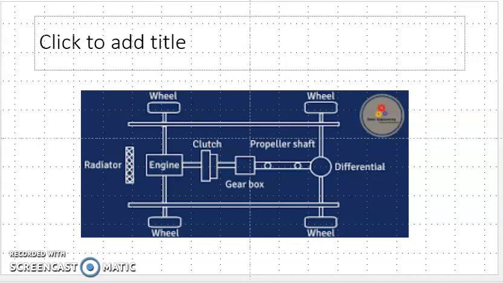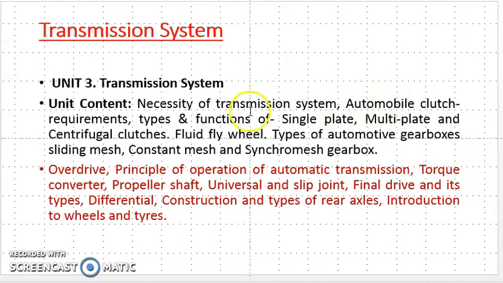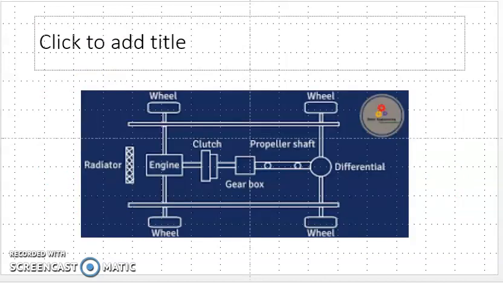And you have learned different types of clutch: single plate clutch, multi-plate clutch and centrifugal clutch. After that, you have learned different gearboxes. The gearbox is a unit fitted after the clutch and is provided so that the driver can increase the driving torque to cope with the road and load conditions.